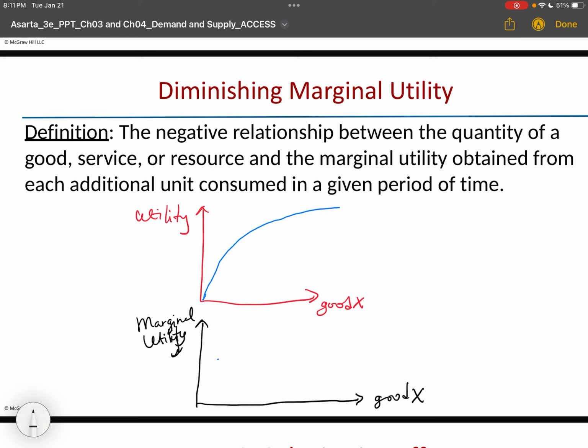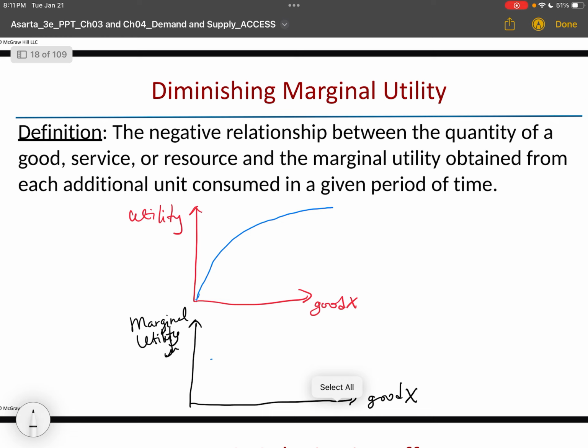Sorry, my spelling is tired today. Say this is 5 units of good X, 10 units of good X, 20, and on and on and on, right? Say this is 5, 10, 20, 25.